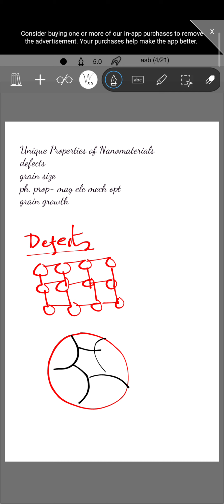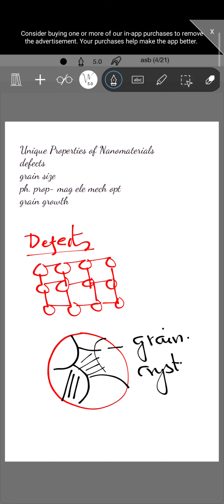By grains, we mean regions where a particular crystallographic orientation exists. That means atoms are arranged in a certain fashion. What separates one grain from the other is the way the atoms have been arranged. And the interface between any two grains is called the grain boundary.